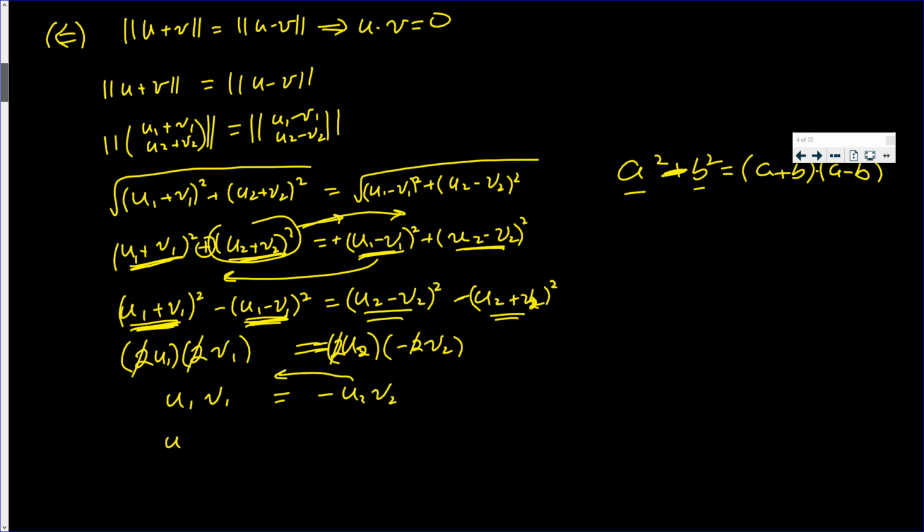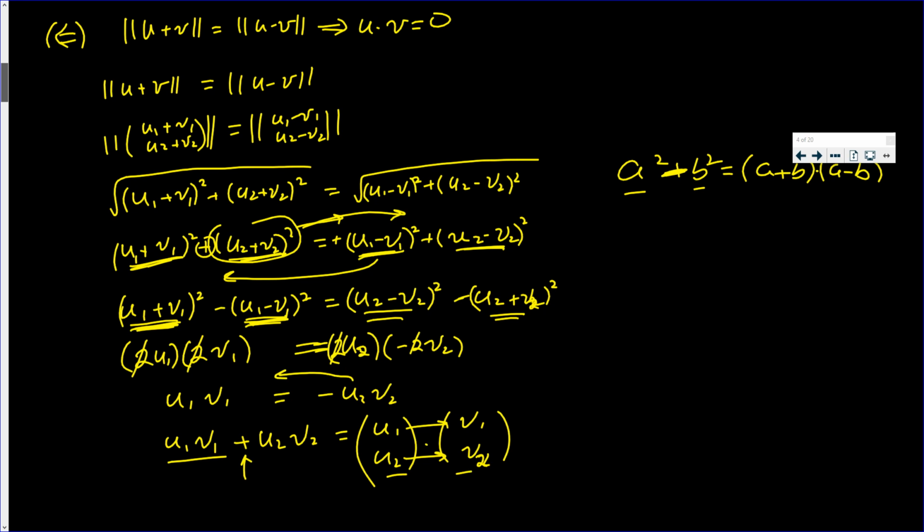Bringing this to the other side, I have u1 v1 plus u2 v2. Well, that's nothing more than (u1, u2) dotted with (v1, v2). And if you don't believe that, that's cool. Multiply those two, you get u1 v1, plus, multiply these two, you get u2 v2. Don't believe anything anyone tells you, you want to see it.